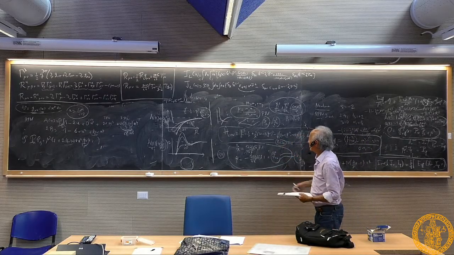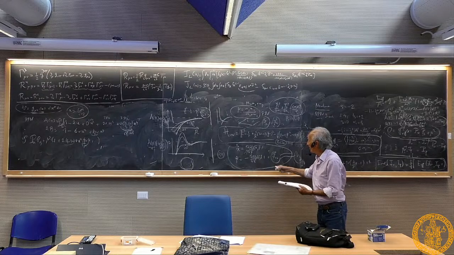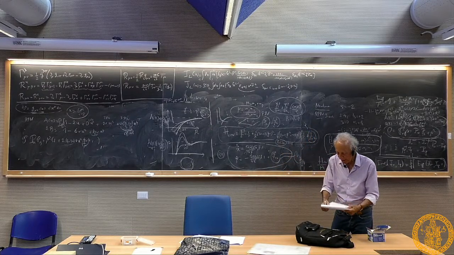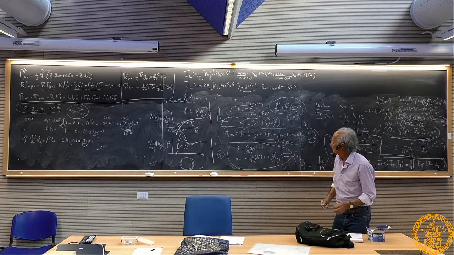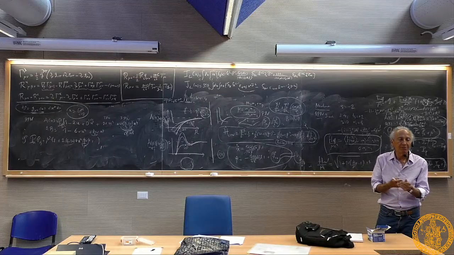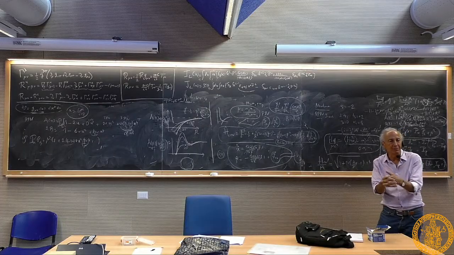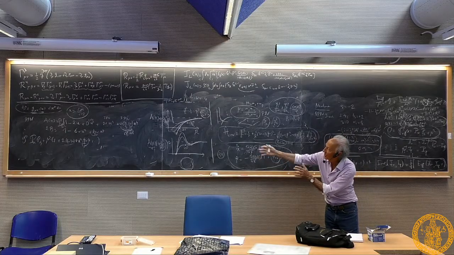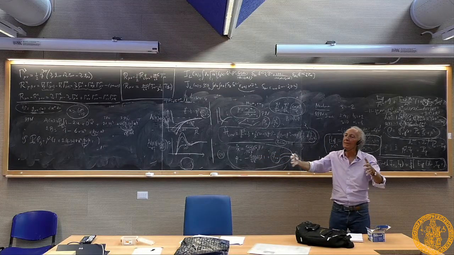But now, this is the conservative part. Now we need to put in a radiation reaction part. At the beginning, we did try to resum the radiation reaction part. I have sketched before that it was given by a PN expansion.